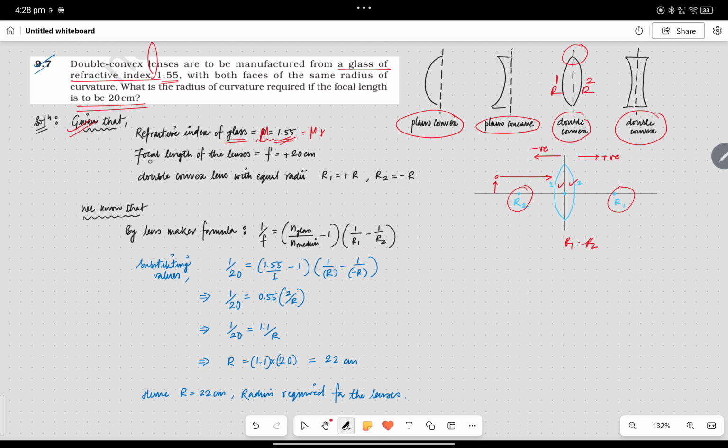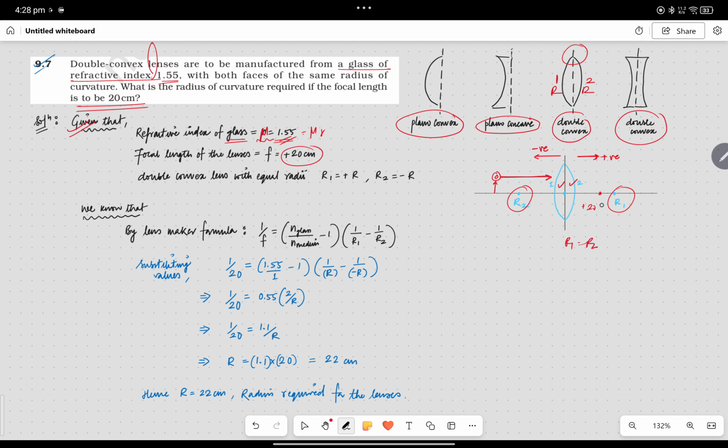Now the focal length of the combined lens is given, that is plus 20 centimeter. Plus 20 centimeter means if the incident ray is coming from the object side, that direction, the right direction is positive and the left direction is negative, right?